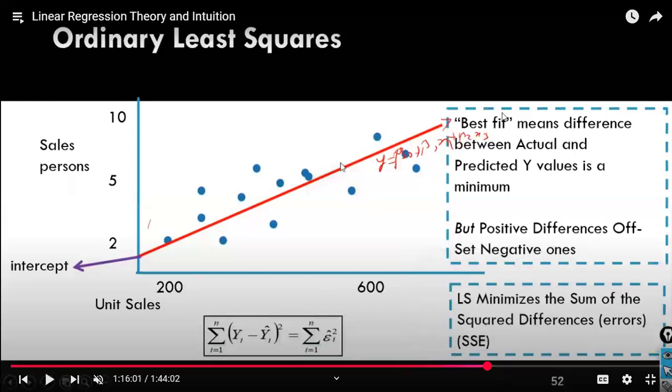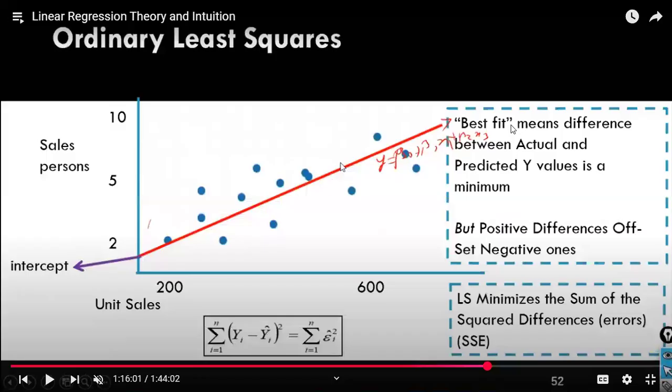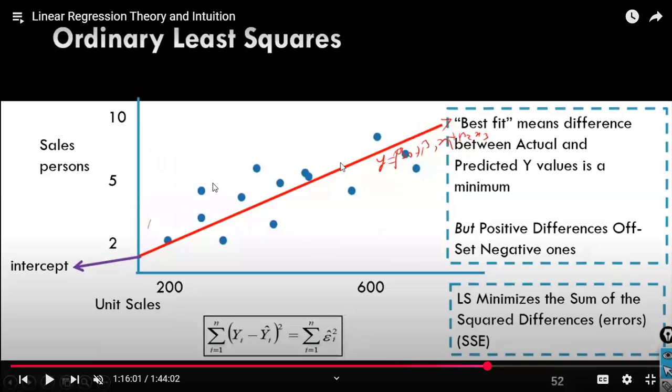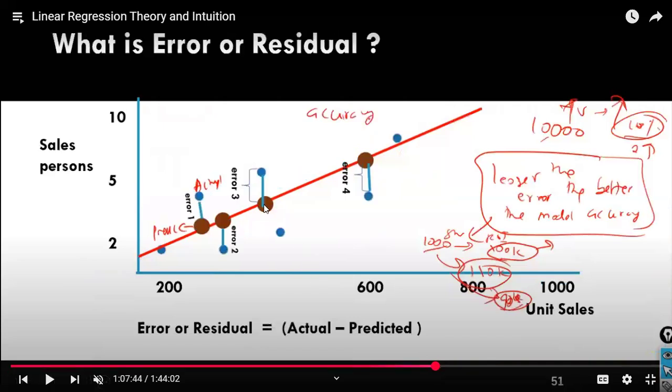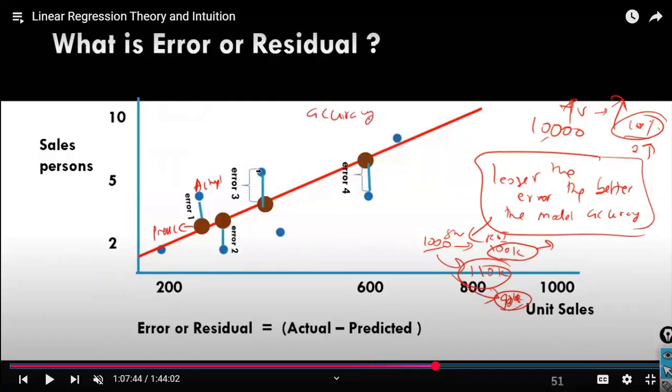So instead of looking at it this way, when you visually look at it, the blue colors are your actual values. The brown colors, which we saw earlier, are your predicted values.